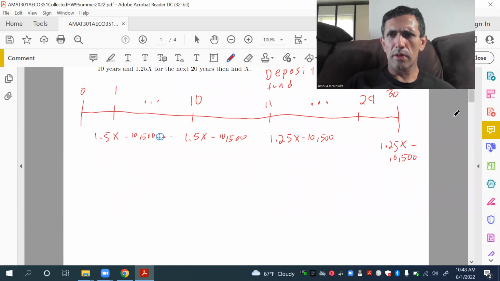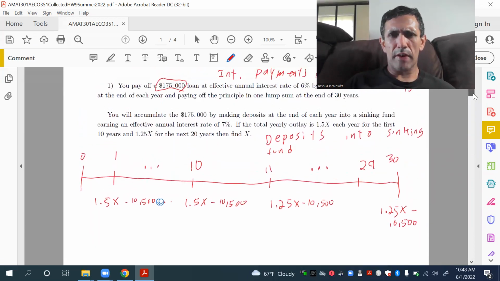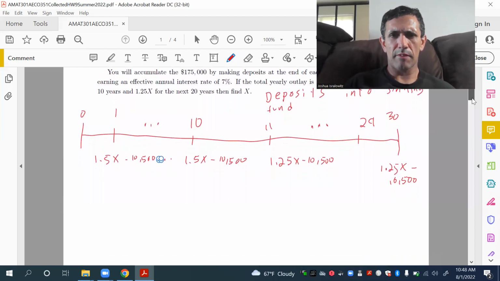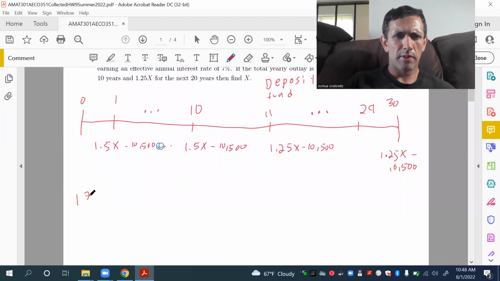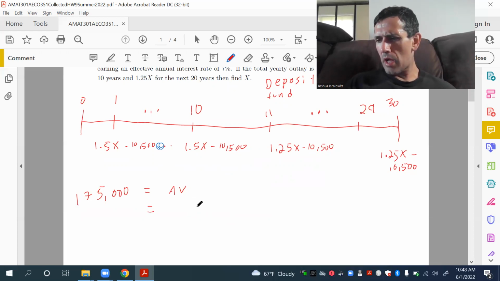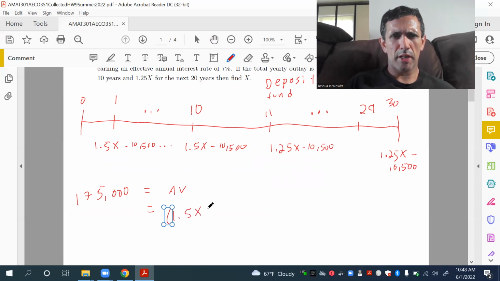Okay, so you need 175,000 at the end of 30 years. So let's accumulate the value of this time diagram. For the first, it's just 7% for all 30 years. Okay. So you have a payment change at t equals 10. So we're going to take the accumulated value of the first 10 payments.